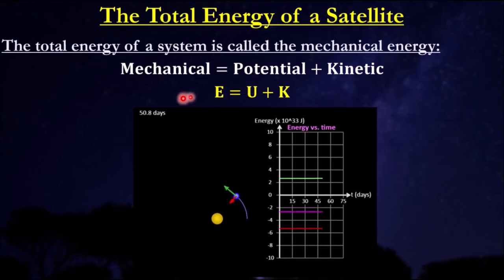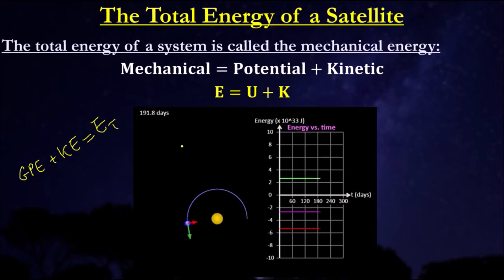So, quick note, total energy, a common name people use is mechanical energy, and that is just the addition of the potential energy and kinetic energy of the object. Now, if we're talking about a satellite in space, we're looking at gravitational potential energy and kinetic energy. Okay, so we have GPE plus KE. That is the note of our total energy.